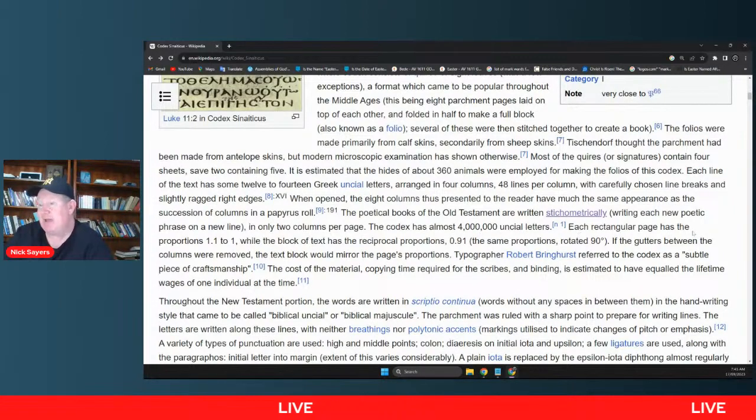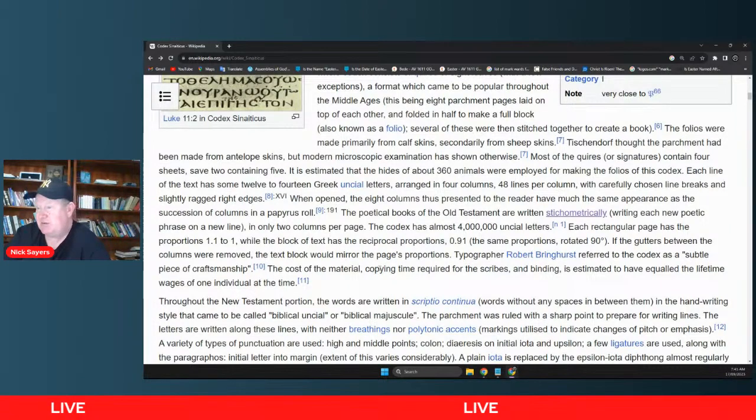Each rectangular page has the proportions 1.1 to 1, while the block of text has the reciprocal proportions 0.91, the same proportions rotated 90 degrees. If the gutters between the columns were removed, the text block would mirror the page's proportions. Typographer Robert Bringhurst referred to the Codex as a subtle piece of craftsmanship.